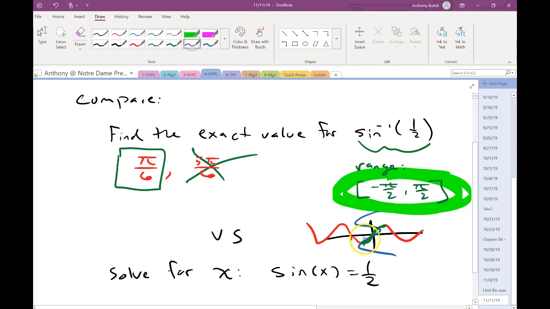And then as a result, our inverse function has a restricted range as well, right? Now, does that mean that this is the only angle measure that has a sine value of 1/2? Definitely not, right?